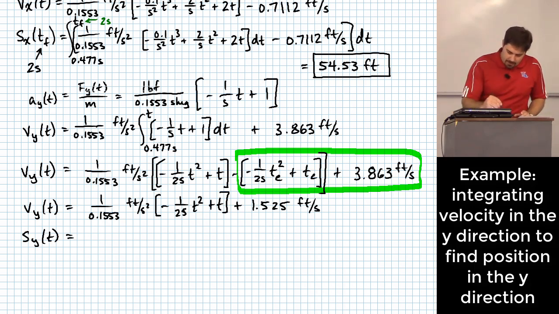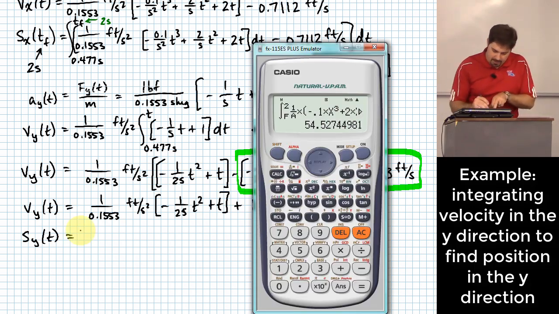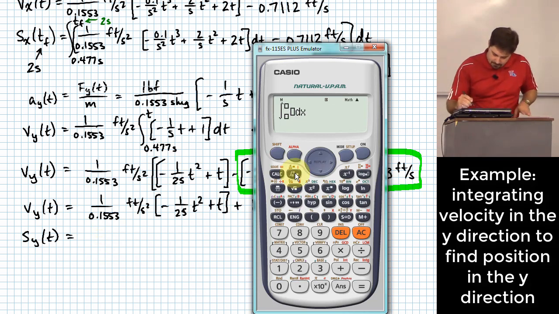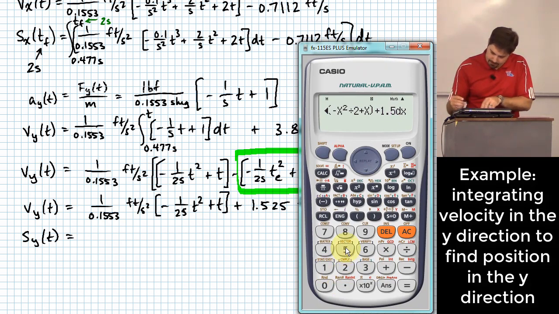All right, so what do I do here? Well, it's kind of the same thing I did last time. I need to take the integral of 1 over what I have stored in A times, in the parentheses here, negative t squared over 2 plus t plus 1.525.